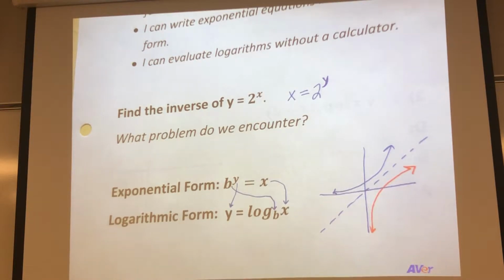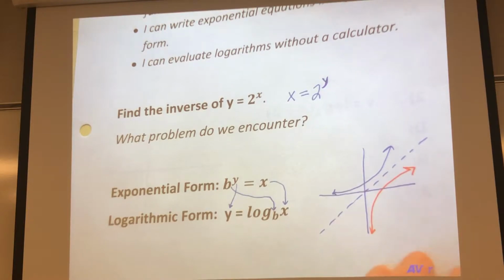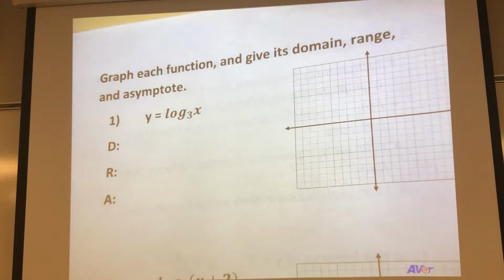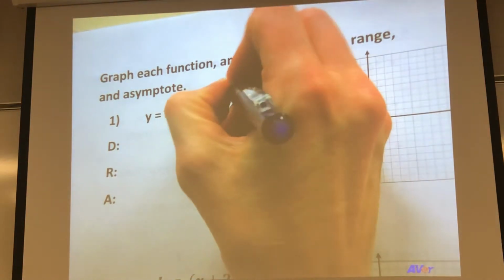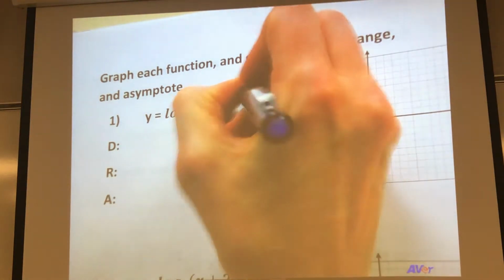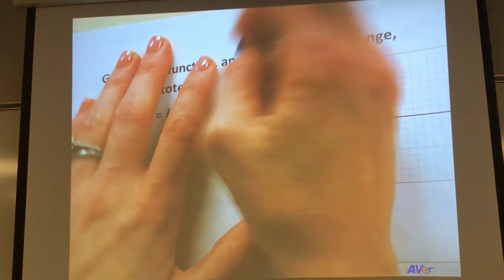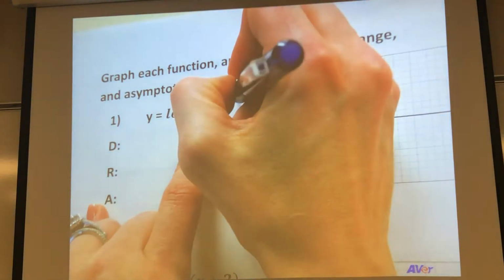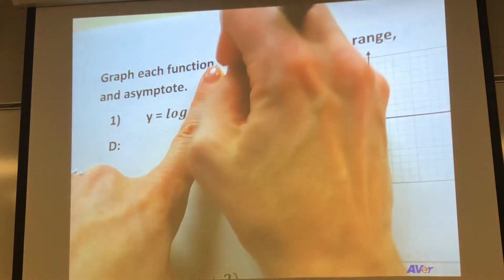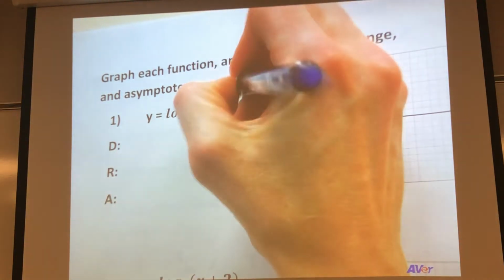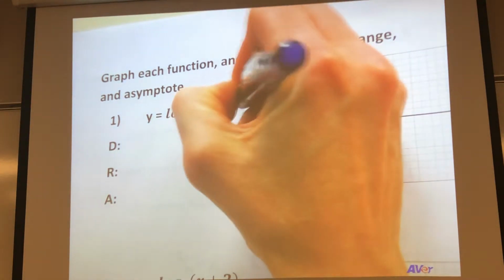So let's take a look on how we're going to graph some of these logs. Here we have log of x base 3. So if you remember when we did exponentials, we graphed the points 0, 1. I'm sorry, I wrote it wrong. We graphed the point 1, 0. Sorry. That's what we're going to do for logs. Exponentials, we did 0, 1, and 1, b.